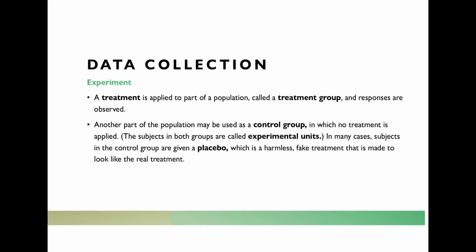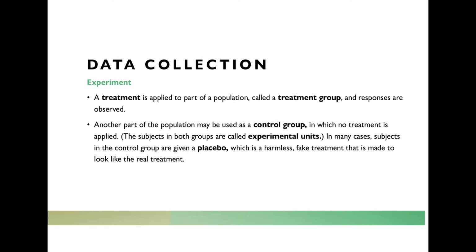It's just something so that, at least in their mind, they are also a part of the treatment group. And this is done because of what we call in science the placebo effect, where people will actually physically report that they're getting better, even if they're not, just because they think they're getting a treatment. And it's a real thing.